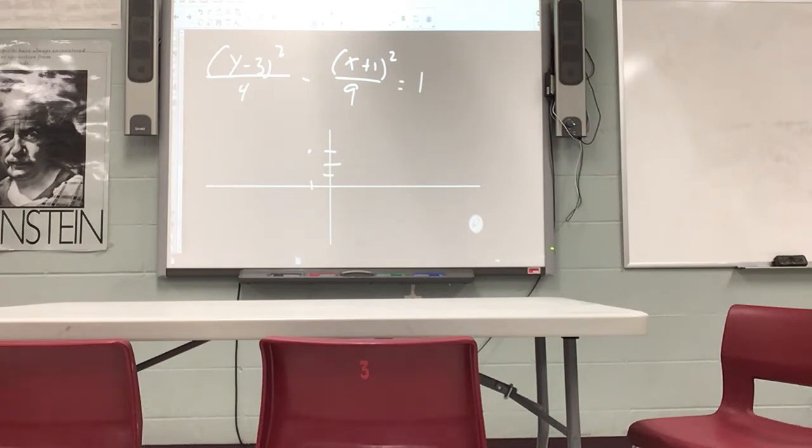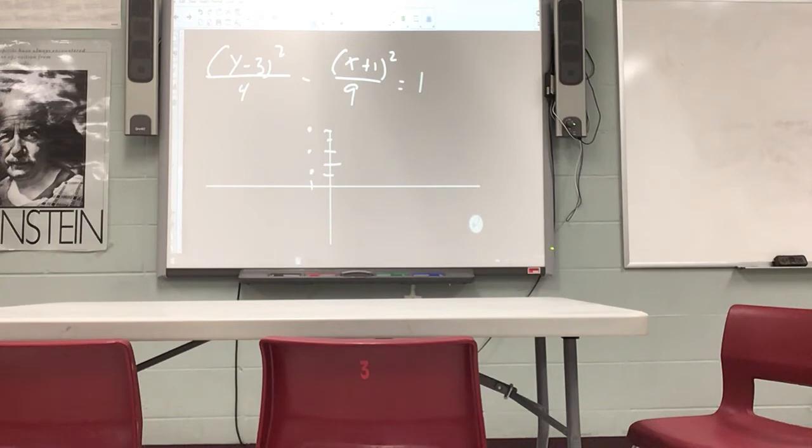Remember where I draw the box and then draw the asymptotes? So now from that box, my y is over 4. What's the square root of 4? 2. So from that point that I've made, I'm going to go up 2 and down 2. Now I go back to my little center point.